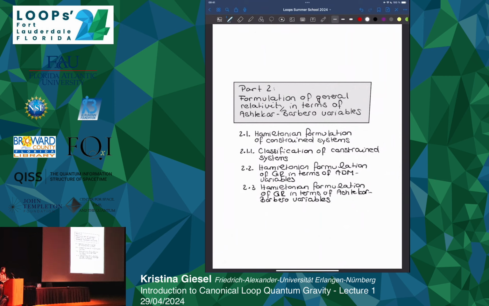This is important because general relativity is one of these examples where we have to apply this. And once we have understood a little bit what these constraints are and how we deal with them, I will briefly discuss their classification, because we distinguish 2 types of constraints, and that's also important later when you quantize.